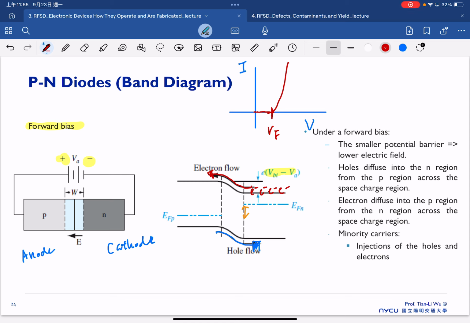That's why under forward bias, our IV characteristic looks like this. Under forward bias, there is a smaller potential barrier and lower electric field, so the holes can diffuse to the N region and electrons can diffuse to the P region. Besides, there's a concept of minority carriers. For minority carriers, we have to understand the difference between the majority and the minority.